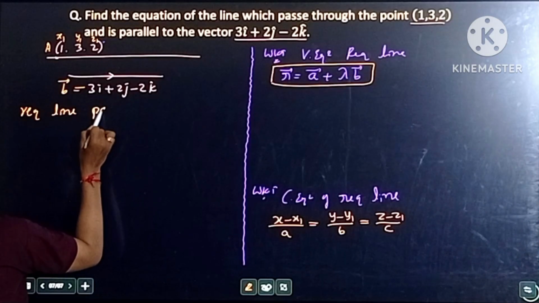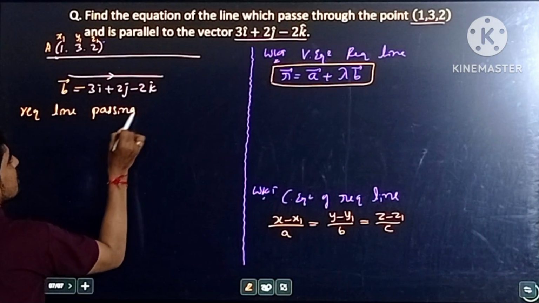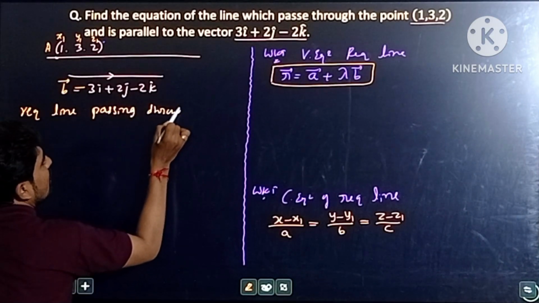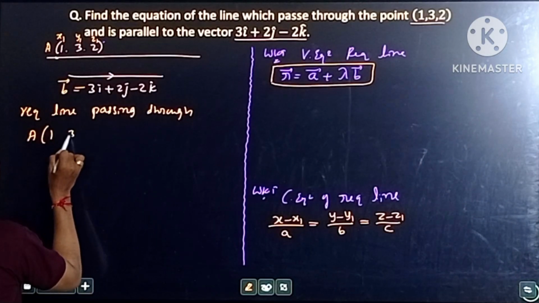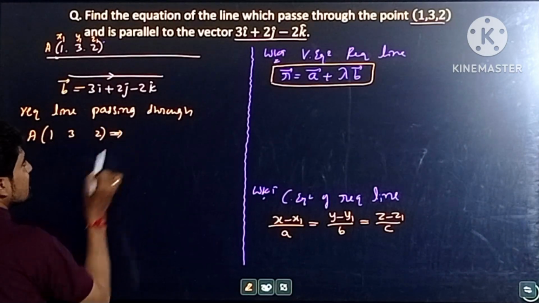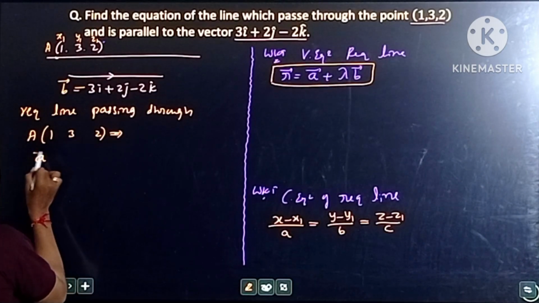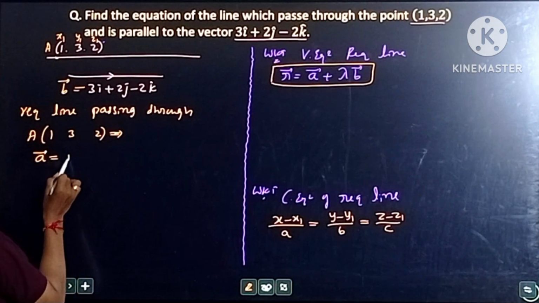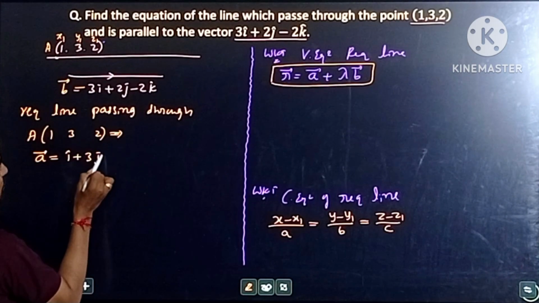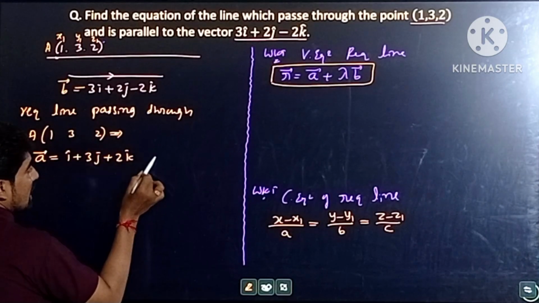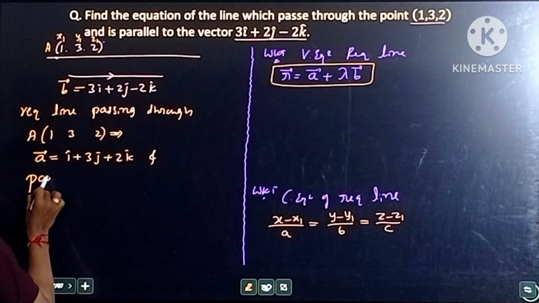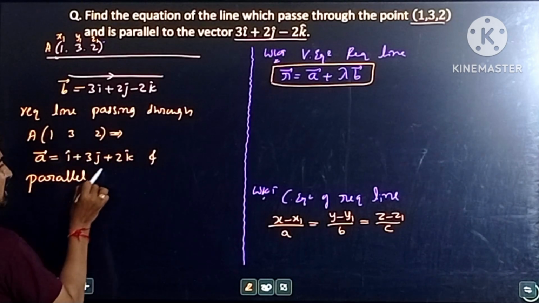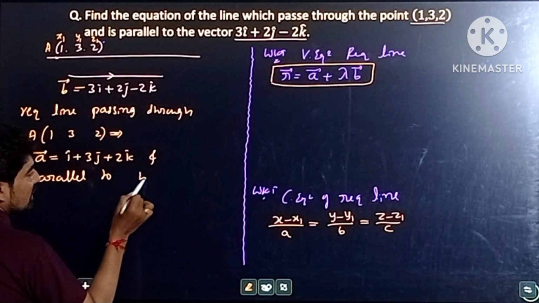The required line passes through the point A. What are the coordinates? 1, 3, 2. It means its position vector is definitely the A vector, and A vector is equal to i plus 3j plus 2k, and the required line is parallel to the B vector.